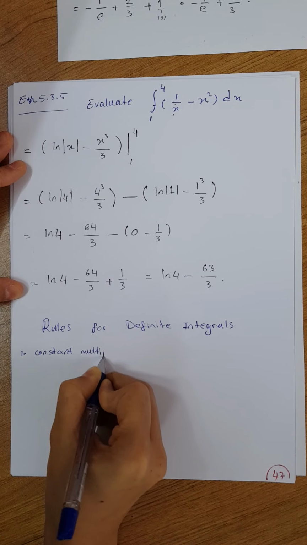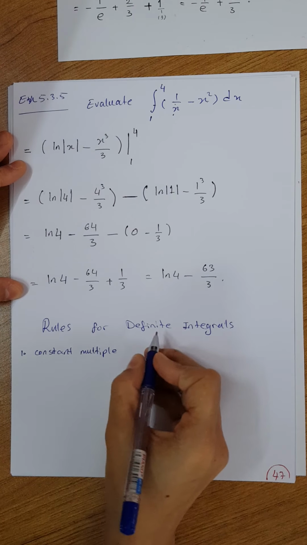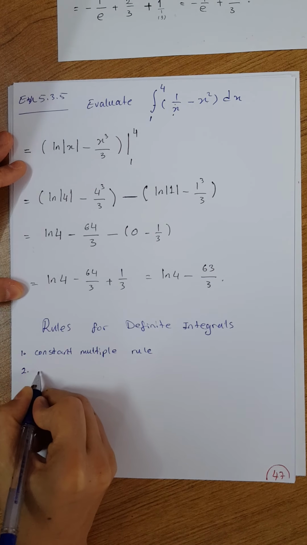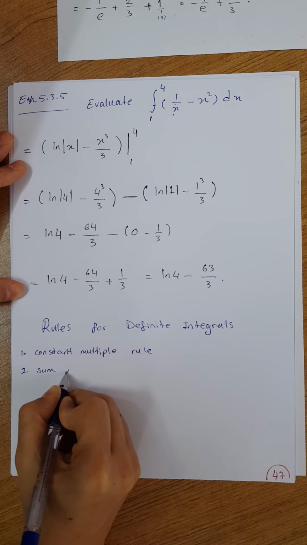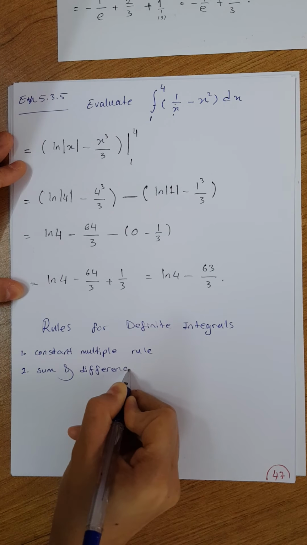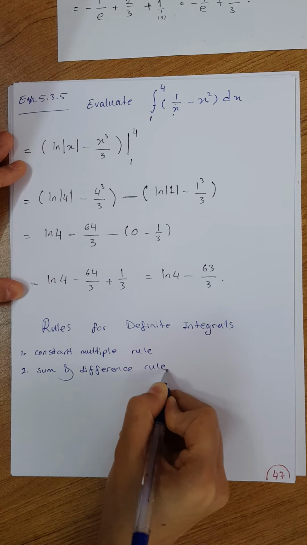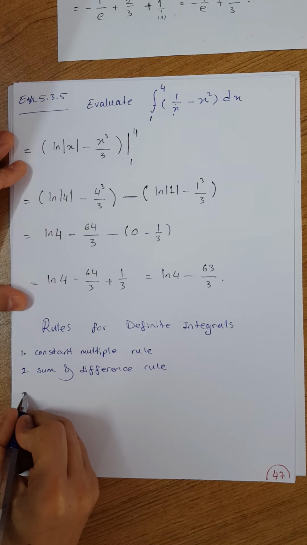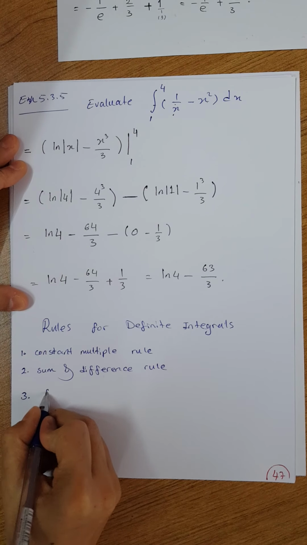I will not write it, okay? And then the second one, we have got the sum and difference rule. The third one is the difference rule, but I made it all together. Then the third one, we have got that integration.